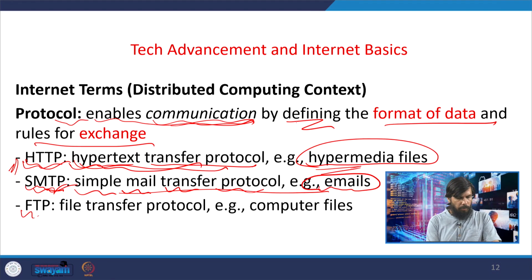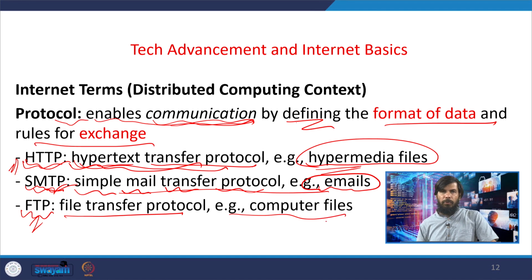Another protocol is FTP, the file transfer protocol. That is for the transfer of computer files. If we want to access files on a remote computer, then FTP is the protocol that allows us to access a remote computer via the network, via the internet, right.